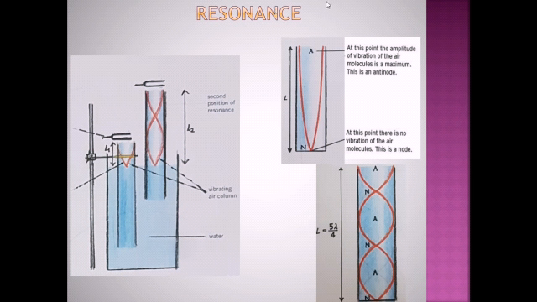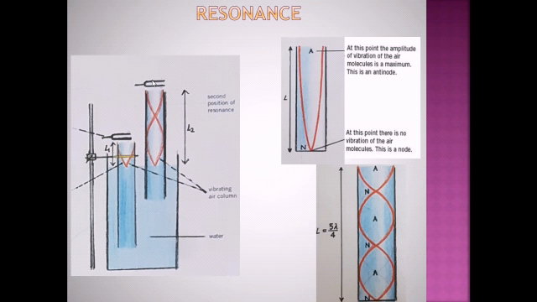Here, when a vibrating tuning fork, this is a tuning fork, is held above the open end of a cylindrical air column which is closed at the other end, longitudinal waves are sent down the air column. These waves are reflected at the water surface and thus produce standing waves. Nodes are produced at the water surface and antinodes are produced at the open end.